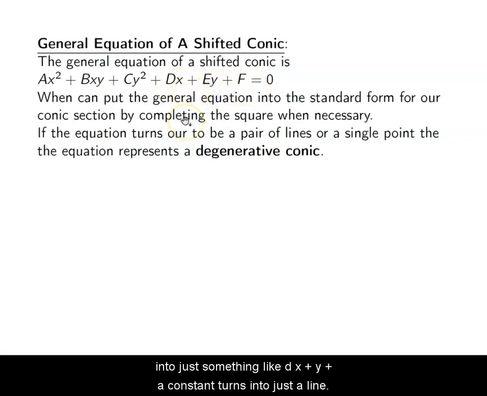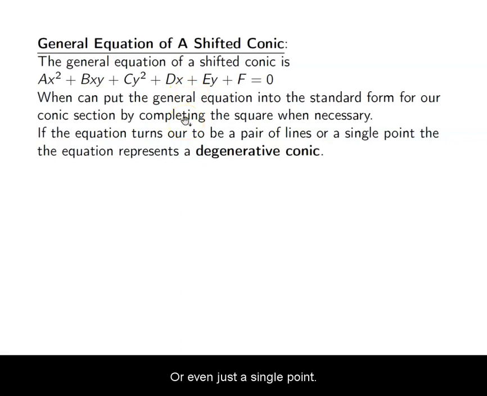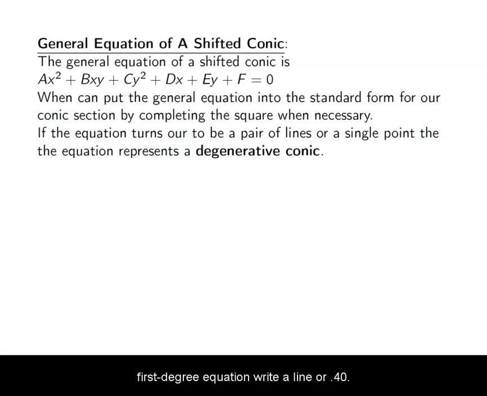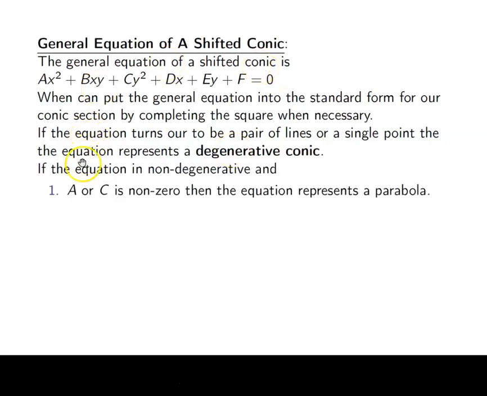It turns into just a line, okay, or even just a single point, right? Then it's called degenerate, because my general equation for a conic doesn't actually provide a conic for me. It degenerates into a first degree equation, right? A line or a point, or a 0 degree in that case.